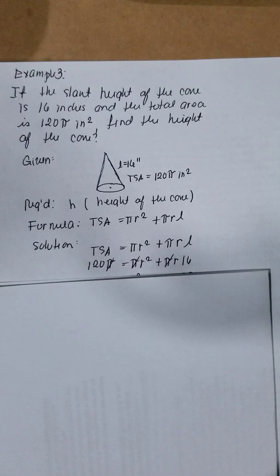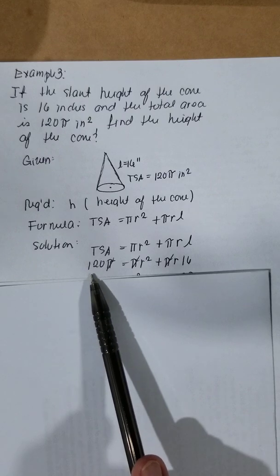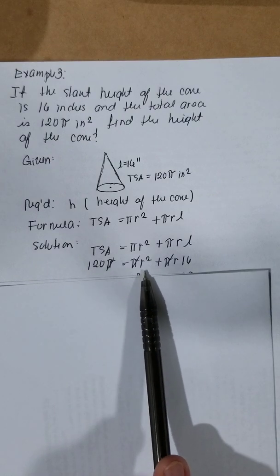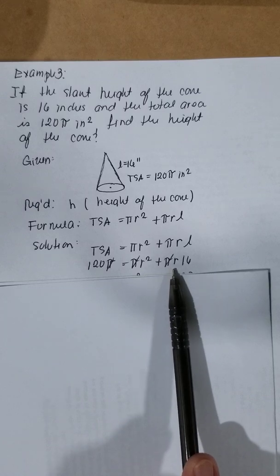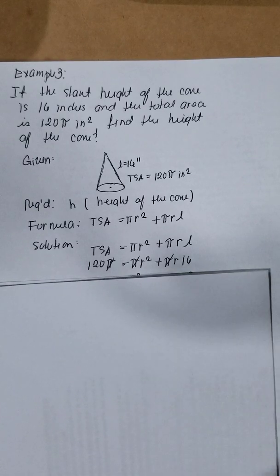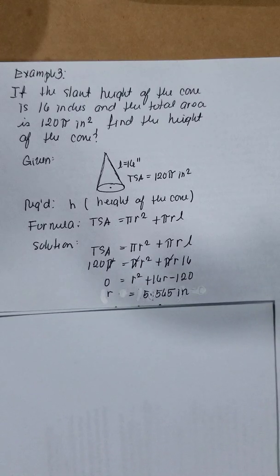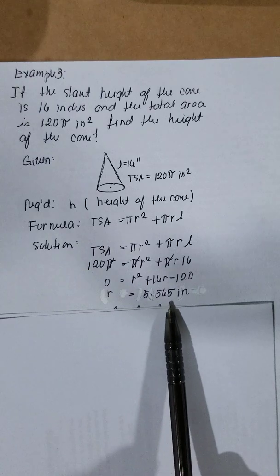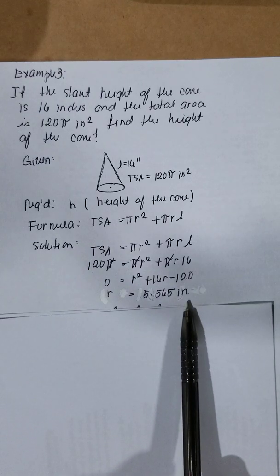Plugging the total surface area and the slant height in the formula of the cone, we get 120 pi is equivalent to pi r squared plus pi r times 16. Simplifying the equation will give us r is equivalent to 5.565 inches.